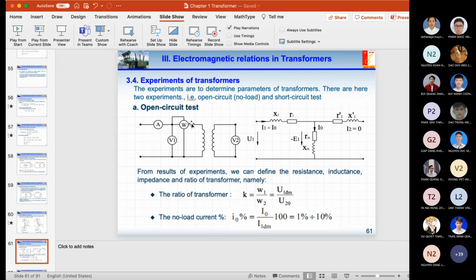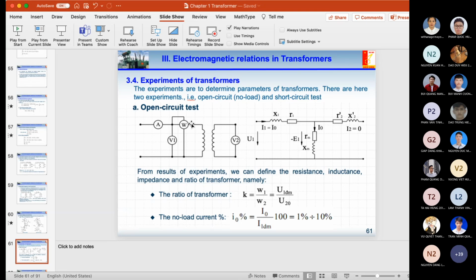But if the diagram has a very high current, we cannot use the ammeter directly to measure it. At that time we have to use a current transformer, as I taught you before, to transform from a very high current value to a very low current value, with the standard being 1 ampere or 5 ampere.